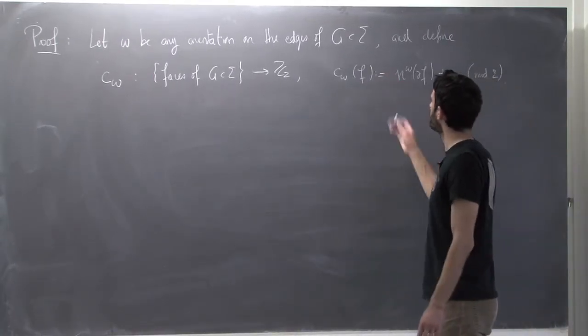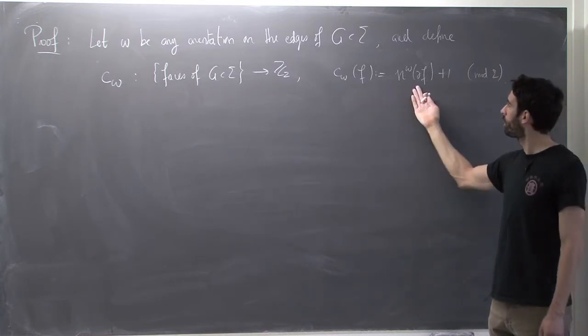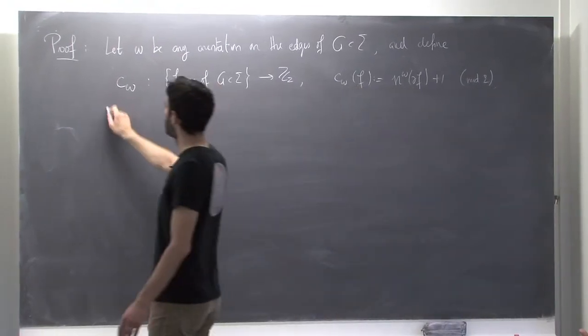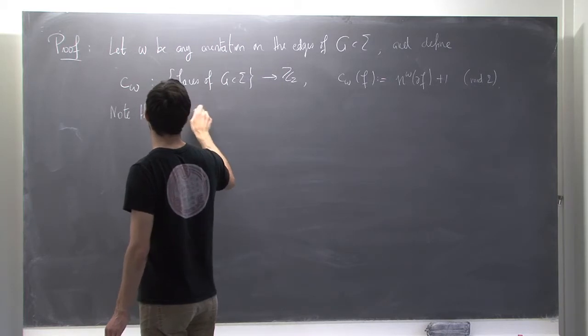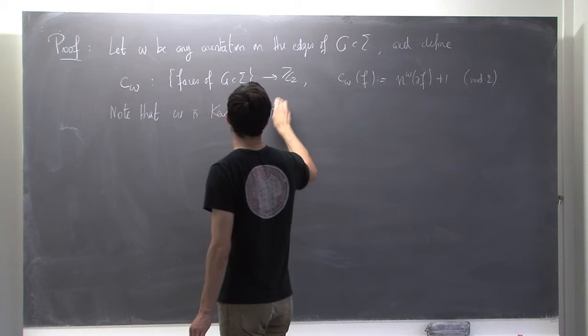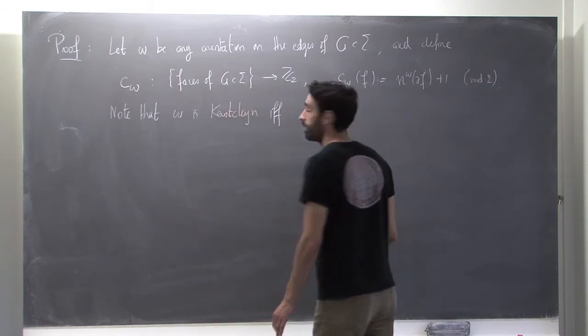That's just the definition, but note that omega is a Castellan orientation if and only if this thing is identically 0, right? If and only if C omega is everywhere 0.